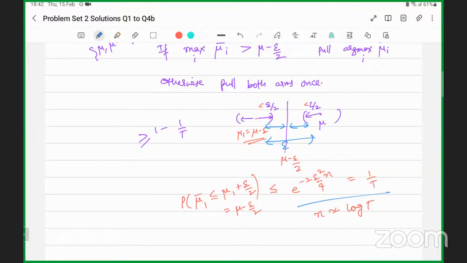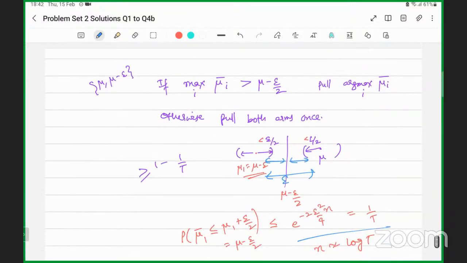So if you separate these two, according to our algorithm, which arm will we play? We play at least one of them. So according to our algorithm, one of them should be greater than mu minus epsilon by 2, and you'll play the arm with the highest sample average.